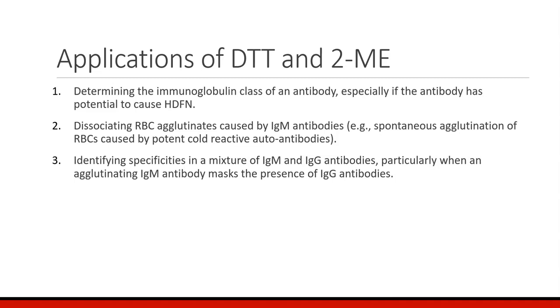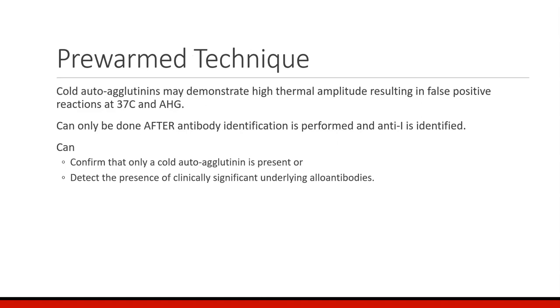So you've done your testing, then go ahead and treat the serum or plasma, retest, and if this was truly the case of an IgM, then you'll be able to see that go away. And then finally, identifying specificities in a mixture of IgM and IgG antibodies, particularly when an agglutinating IgM antibody masks the presence of IgG.